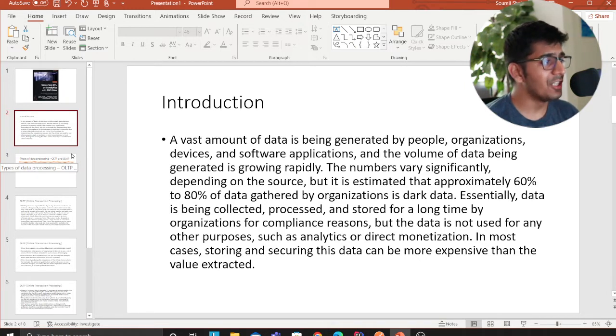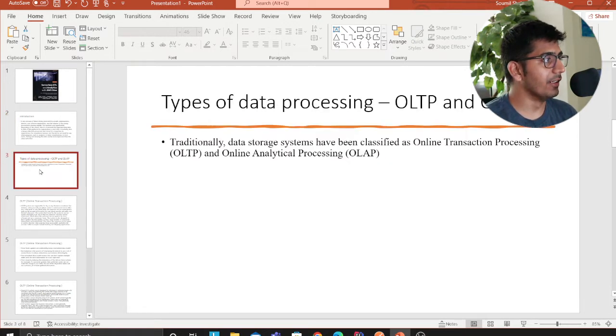Essentially, data is being collected, processed, and stored for a long time by organizations for compliance reasons. But the data is not used for any other purposes, such as analytics or direct monetization. In most cases, storing and securing this data can be more expensive than the value extracted.